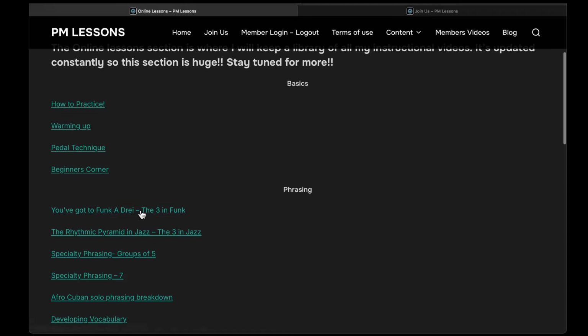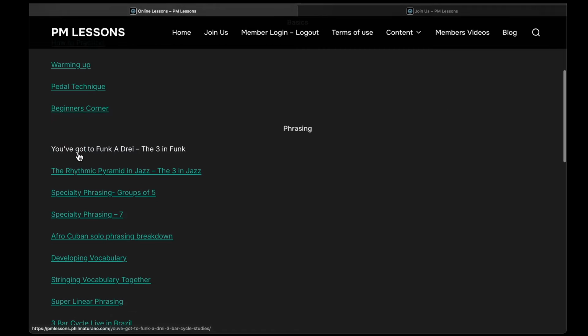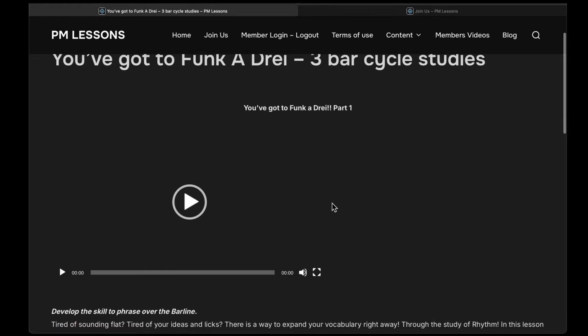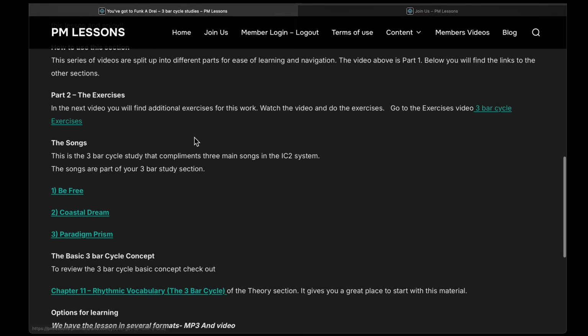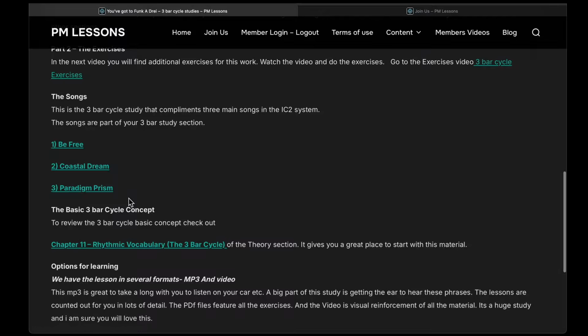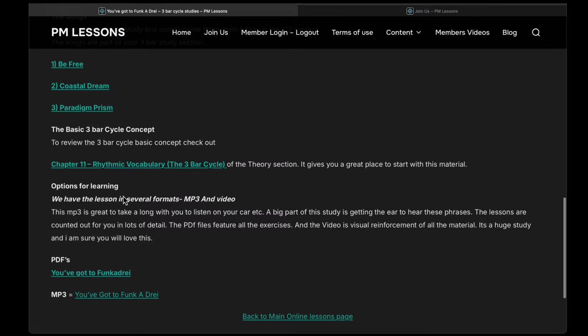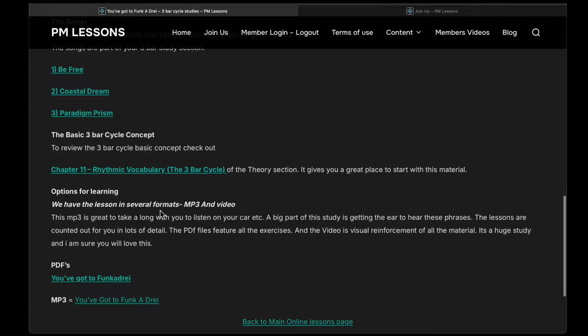Very important. Phrasing. Okay, you've got the Funkadry, which is a system for the 3-bar cycle in funk. You have, for example, a video. You have exercises, okay? Video 3-bar cycle exercises, and 3 of the Inner Clock tunes that you're going to play to work on this system.